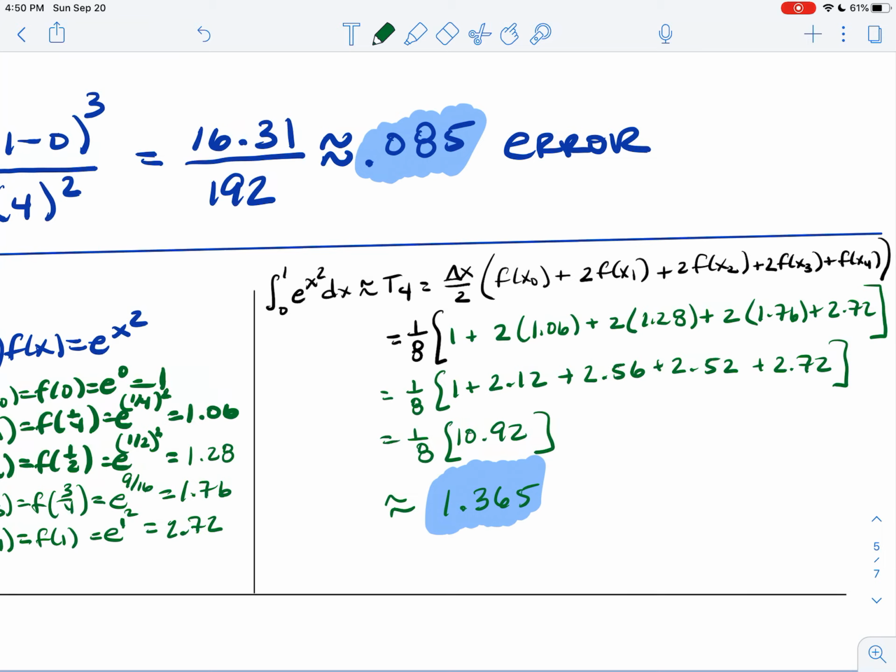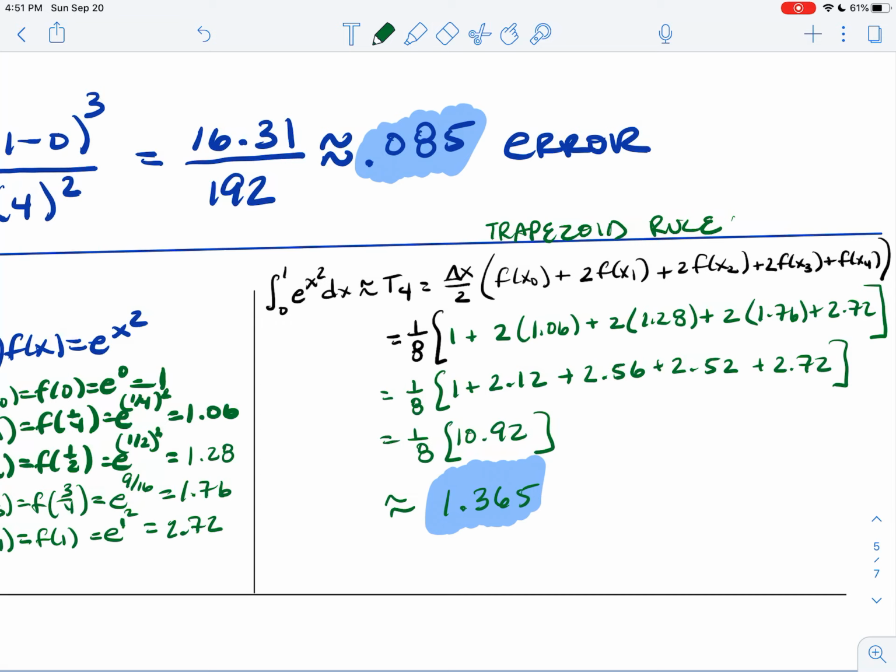All right, so finally, after we've calculated all of those values, we are using the trapezoid rule, right? So this here is our trapezoid rule. And that is, we can approximate this integral using 1/2 delta x times f of x0 plus twice f of x1 plus twice f of x2 plus twice f of x3.